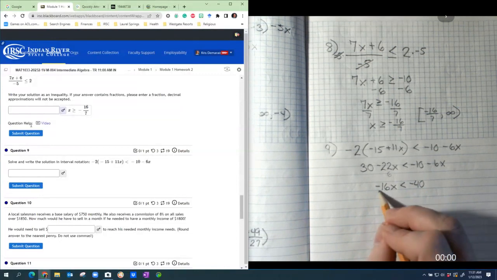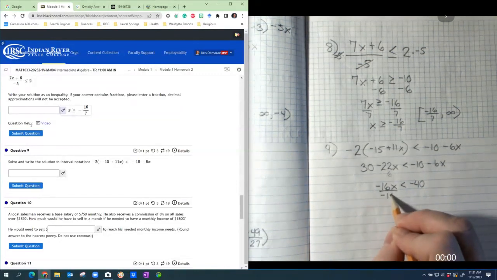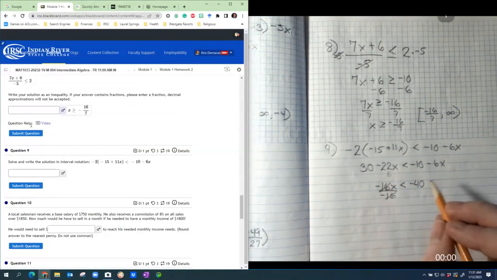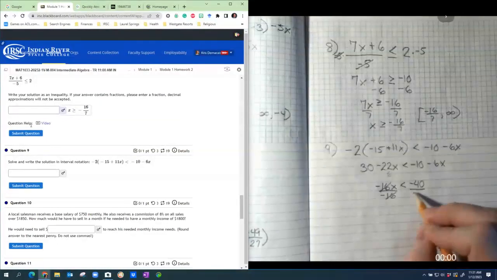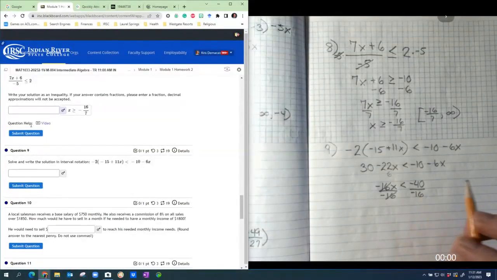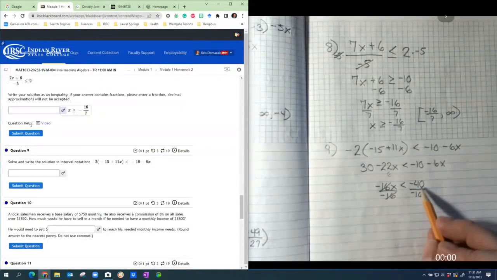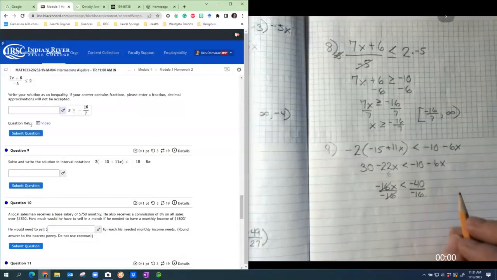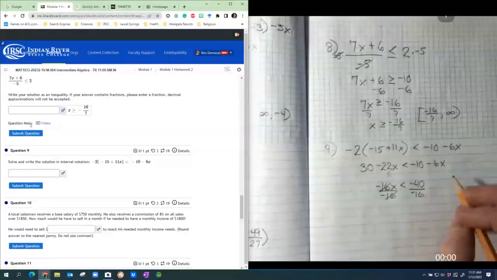Then I'm going to have to divide by negative 16. By dividing by negative 16, I have to switch the inequality sign. And while I'm switching it, I'm also going to reduce this down because 4 can go into both of those values.